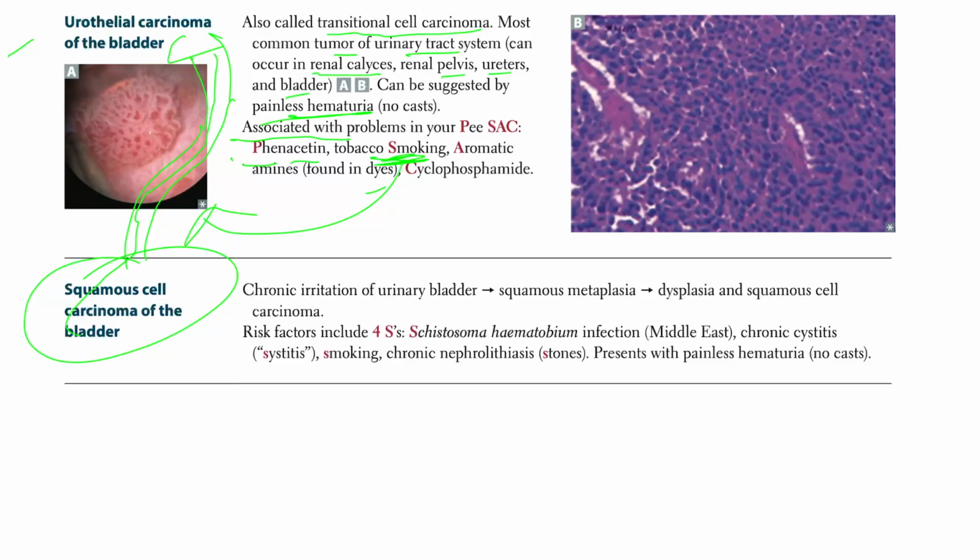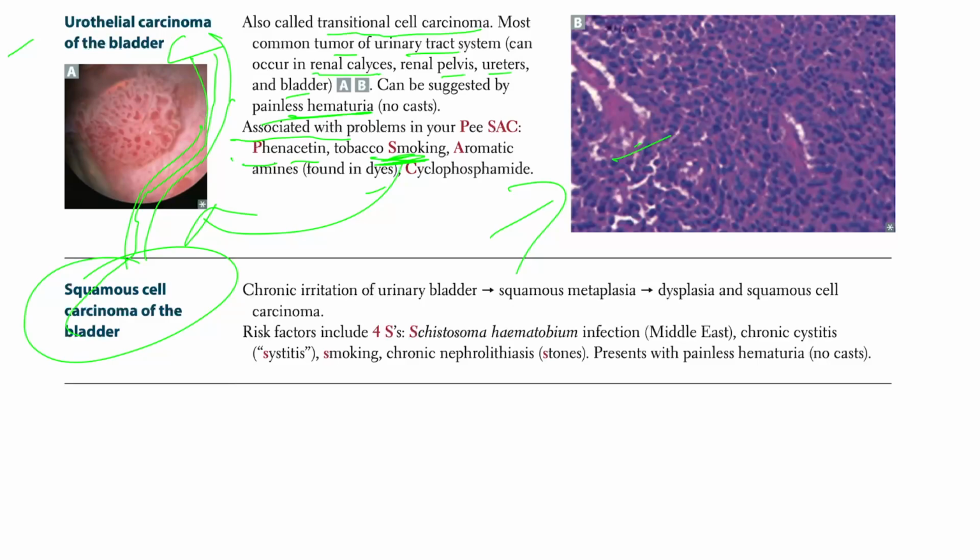Looking at a histopath picture, these are the transitional cells. They resemble normal bladder epithelium, but with irregular architecture. That's the histopath.